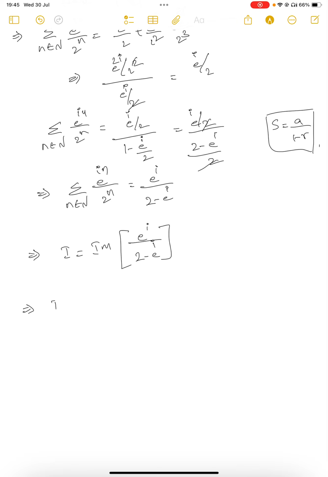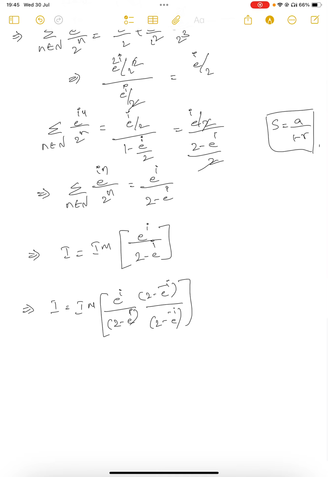Then we'll solve it. I equals the imaginary part of e power i over the denominator 2 minus e power i. How will you write the conjugate for this denominator? It will be 2 minus e power minus i.